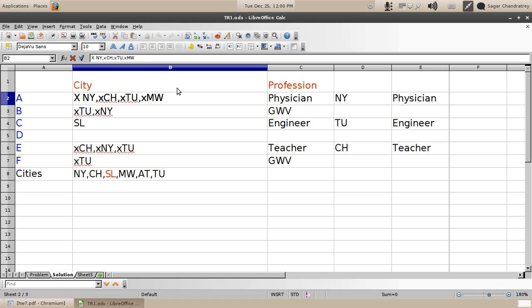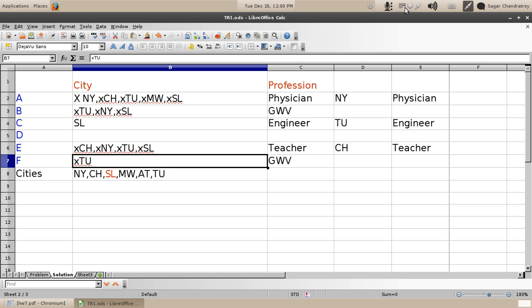So in front of A, I'll put a cross for St. Louis. Here also I'll put a cross, and here also I'll do the same. Here also I'll put this information, not from St. Louis.